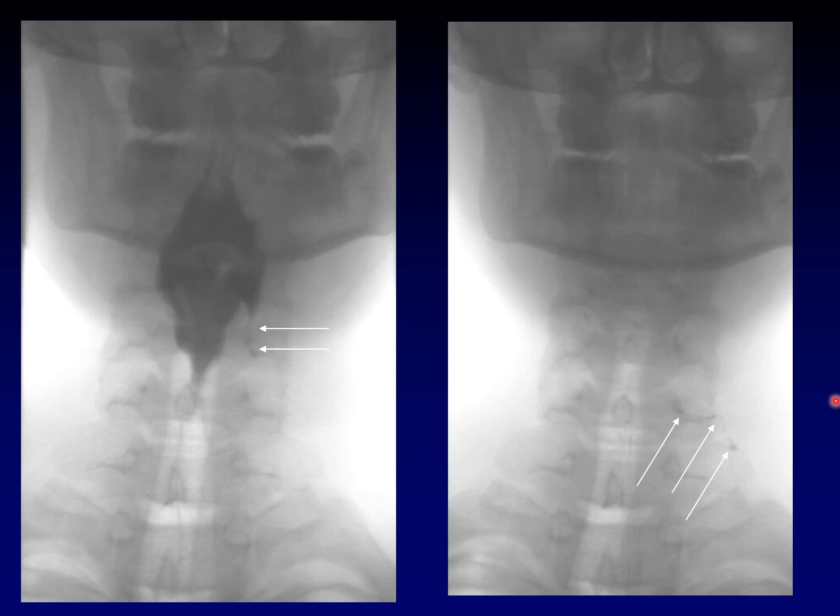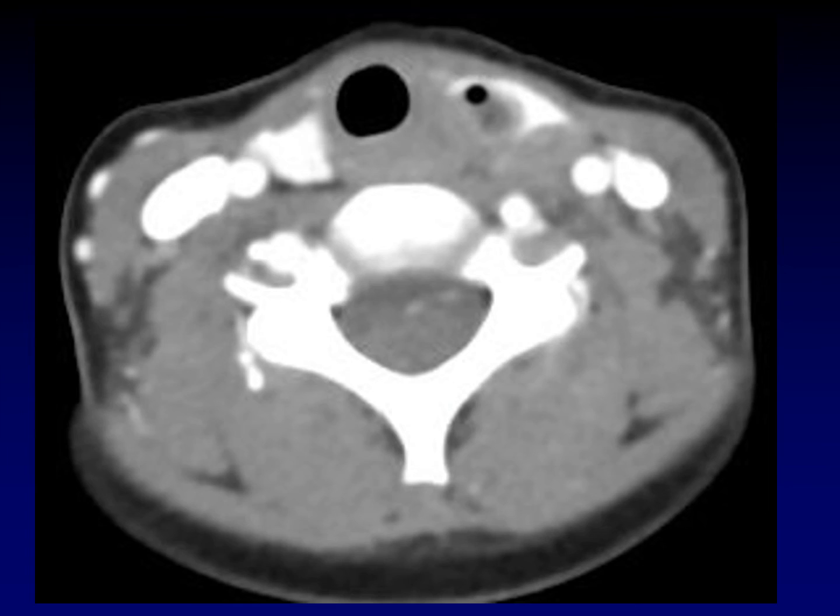You can often make this diagnosis on an esophagram by watching contrast flow through the open fistula and emerge through the side of the neck. Of course, a cyst can form anywhere along this tract, but the full fistula is more common for the fourth branchial cleft.